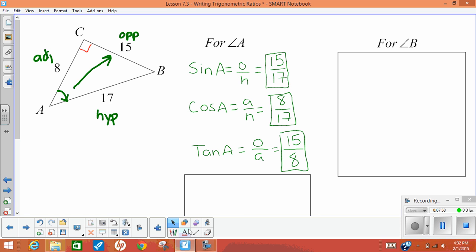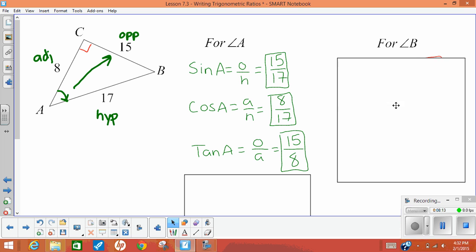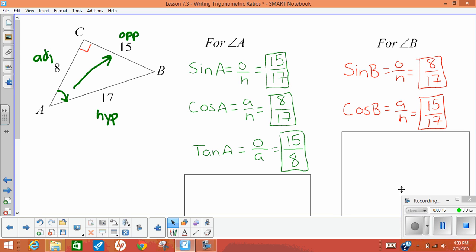And just like I said on the last page, the sine and the cosine for angle B should just switch. So the sine of angle B will be the same as the cosine of A. The cosine of B will be the same as sine of A. So let's check that out. That is true.